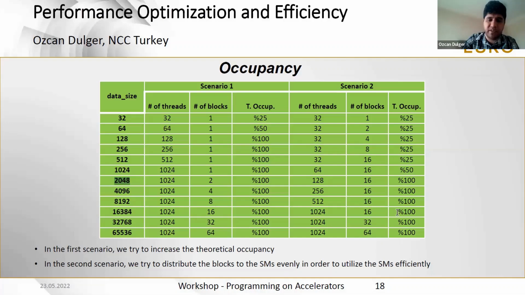So our target is efficient utilization of the streaming multiprocessors. As you see in the first scenario, when the data size is very low, only one streaming multiprocessor is active, and the remaining ones are idle.